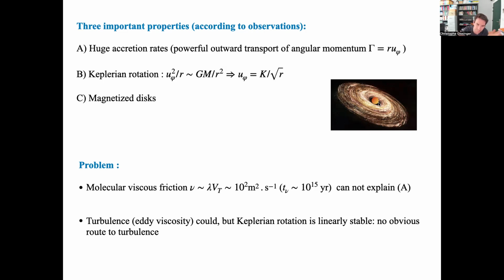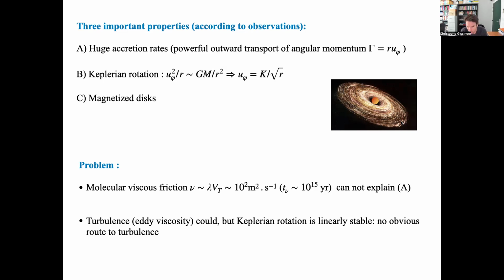But that's not so simple, because Keplerian rotation is supposed to be linearly stable. You don't have a centrifugal instability, and so there is no obvious route to generate the turbulence we need to explain the accretion. Of course, there are a lot of different mechanisms to explain the origin of angular momentum transport, and in some cases it's not even related to turbulence.